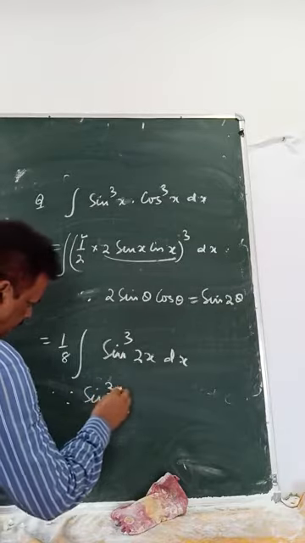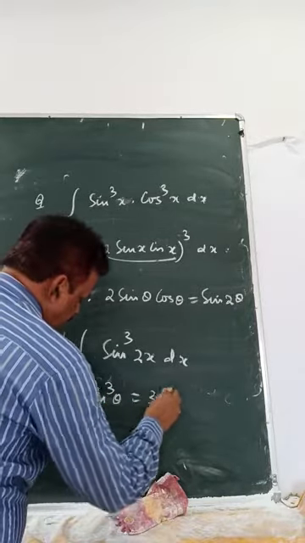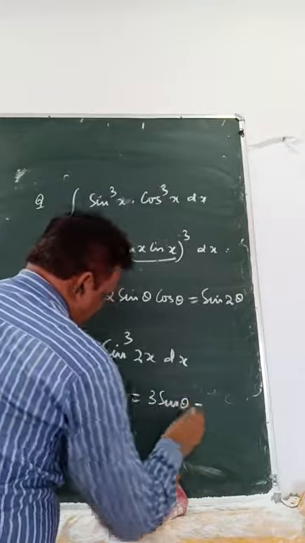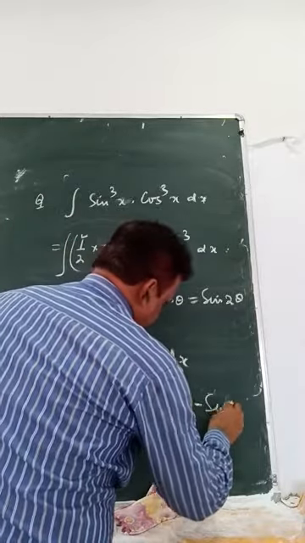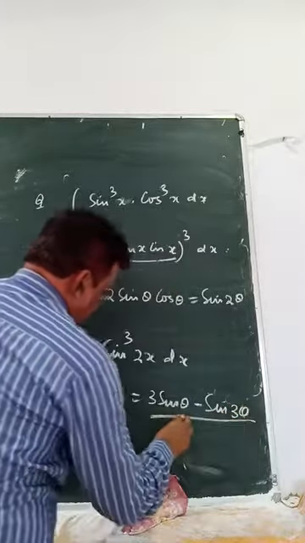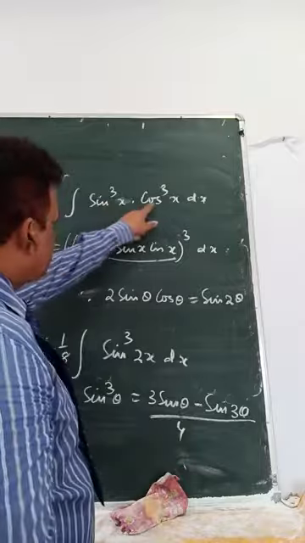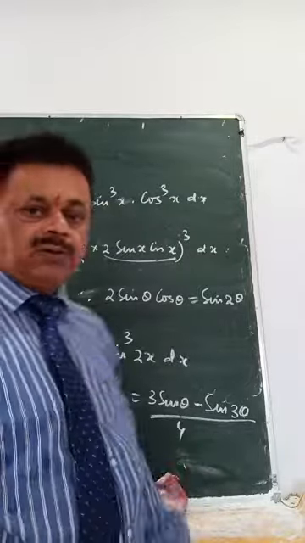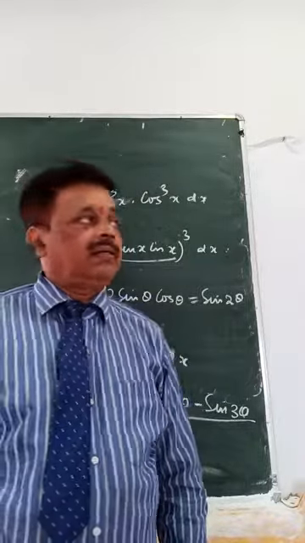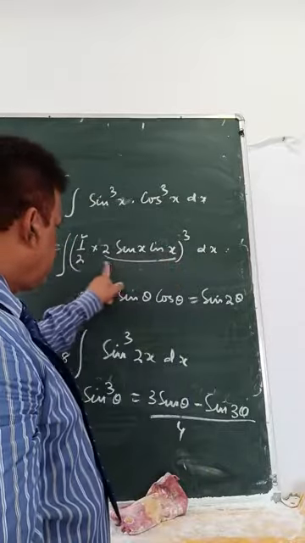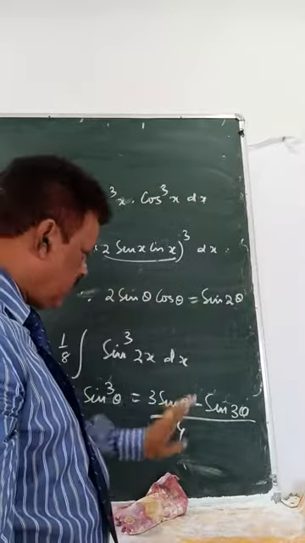Sin cube theta is 3 sin theta minus sin 3 theta by 4. Don't use this formula earlier because when you use both, that will be more and more complicated. You cannot integrate. Always try to simplify. I have done the simplification, then I have gone to the formula.